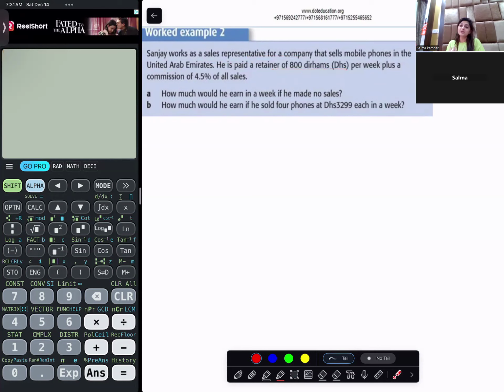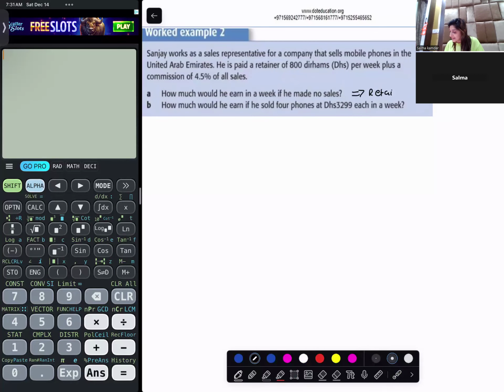Retainer is nothing but your basic pay, plus a commission of 4.5% of all sales. So, if you do not make any sales, you're only going to get your retainer. How much would he earn in a week if he made no sales? If Sanjay made no sales, he's only going to get his retainer and he is going to earn only 800 dirhams per week.